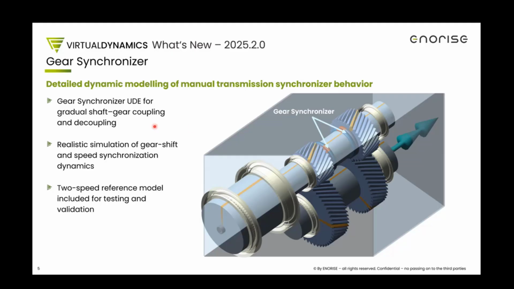So in this new gear synchronizer UDE, defined element, this is handled now by an analytical solution allowing detailed dynamic modeling of both the phases of the gear shift. I will go into the phases shortly, but what this aims for is enabling the simulation of different gear engagement conditions during coupling as well as decoupling phases.